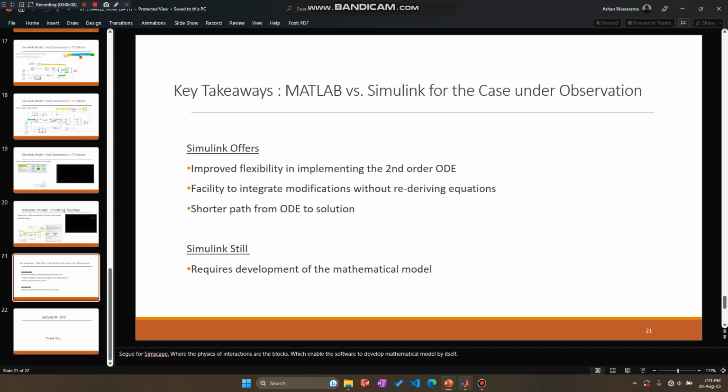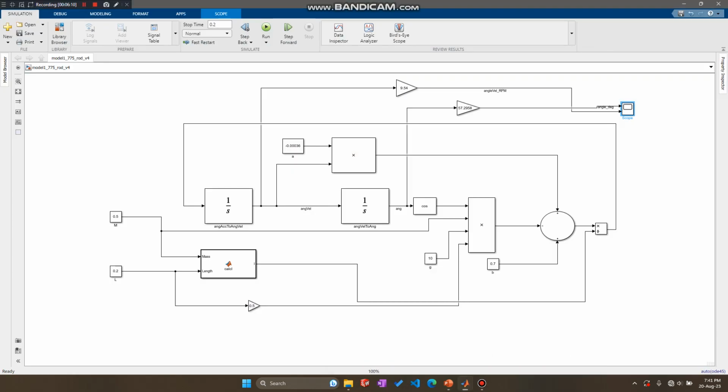And the main advantages of using Simulink over MATLAB are not that really significant, but since it's a graphical programming or graphical modeling environment, keeping track of what's going on would be quite easier, especially when it comes to developing more complex models.